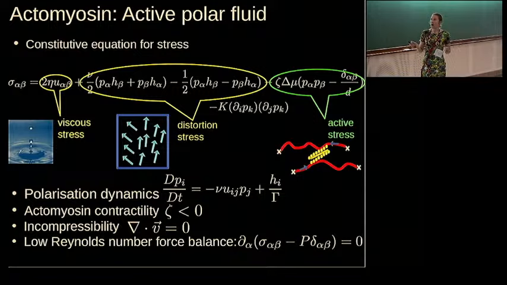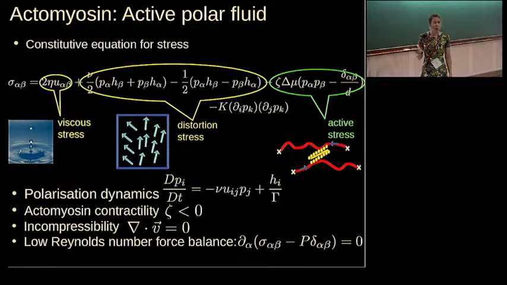And here I've modeled it as an active polar fluid. And as you will see from my open questions at the end, it's not totally clear to me whether this should be polar or nematic. But the reason that I'm describing it as polar here is that I'm going to be putting boundaries into the system and worrying about the anchoring at boundaries, for which polarity does matter.